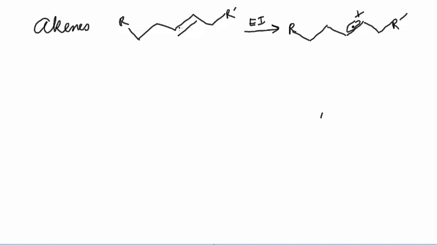The ionized double bond, really a 1-electron pi bond with a positive charge, tends to migrate across the carbon-carbon chain. As a result, the mass spectrum of an alkene cannot be used to determine the position of the double bond in an alkene. We'll see an example of that later in the video.